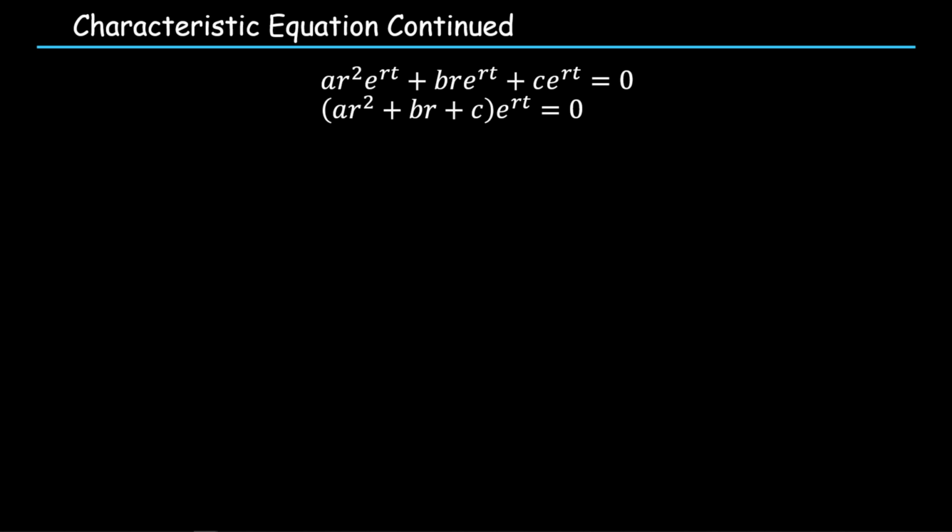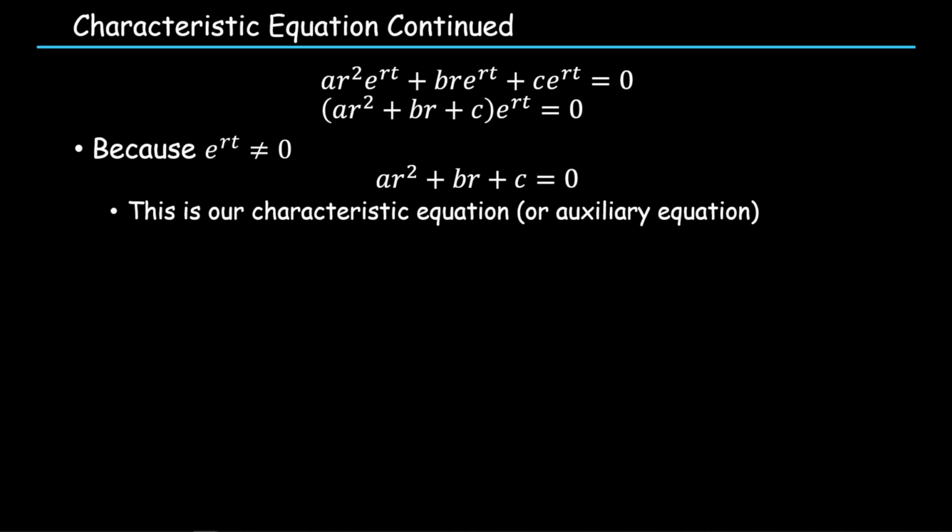If you recall in Algebra 2, probably, when you first talked about the exponential function, we know for a fact that it will never be equal to 0. Because e to the rt will never be equal to 0, we can confidently say that the other part, a r squared plus b r plus c, is equal to 0. This equation here is what is known as the characteristic equation, or auxiliary equation.